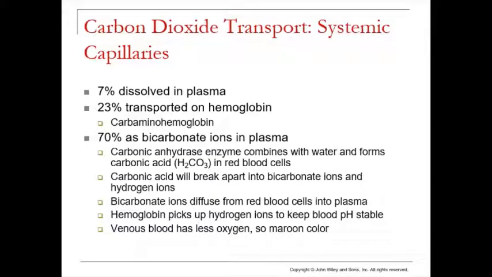It's called carbonic anhydrase. Carbonic anhydrase is the enzyme that allows you to form bicarbonate from carbon dioxide and other compounds like water. And it's also carbonic anhydrase that's going to allow you to break it back down so you can release and breathe out the carbon dioxide.